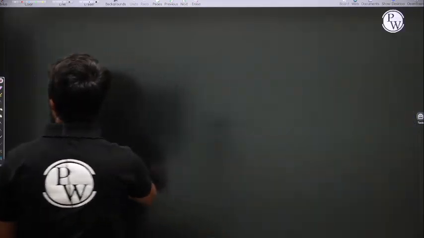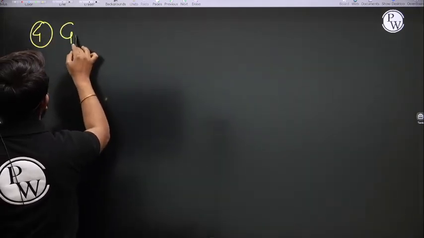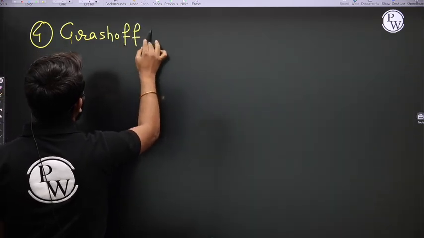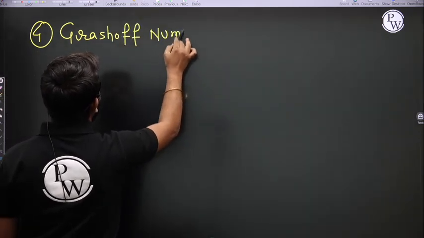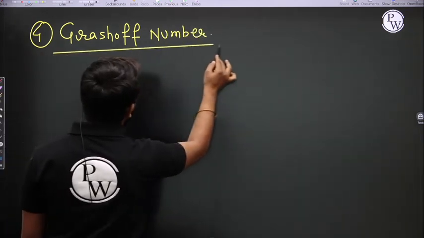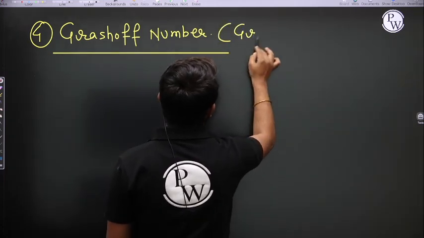Now come to the next number, which is the Grashof number. This Grashof number is not used in forced convection.